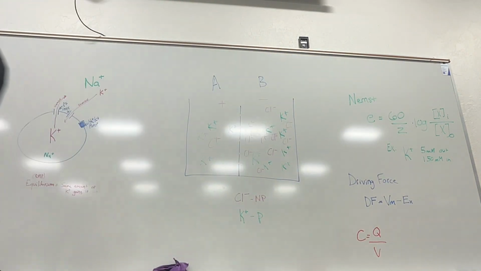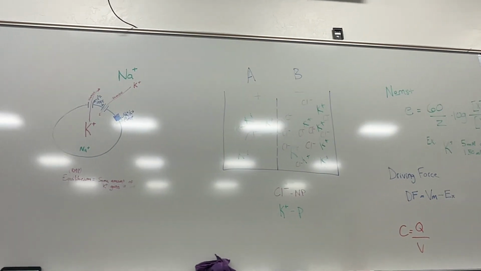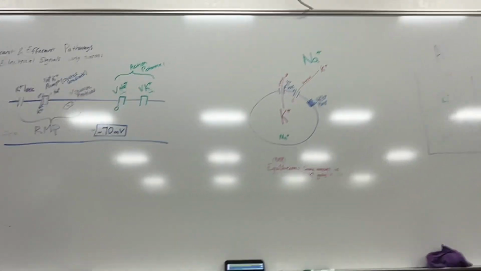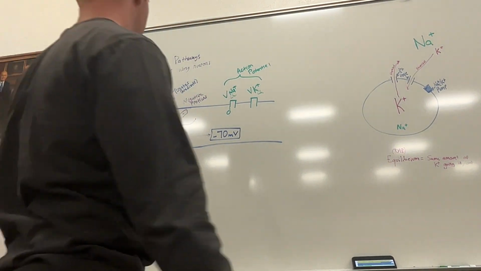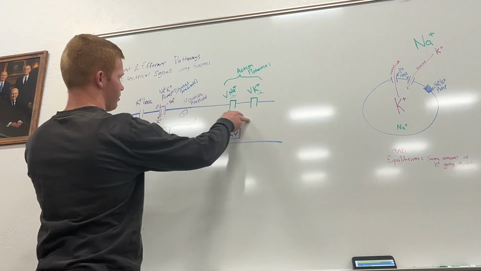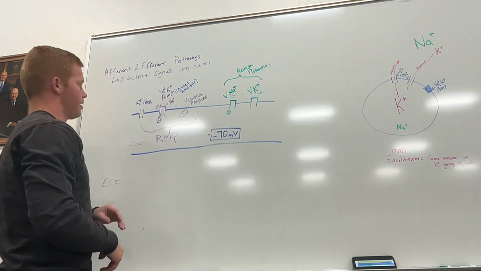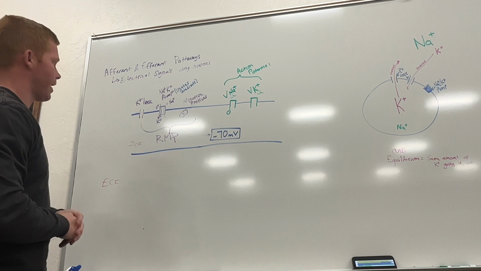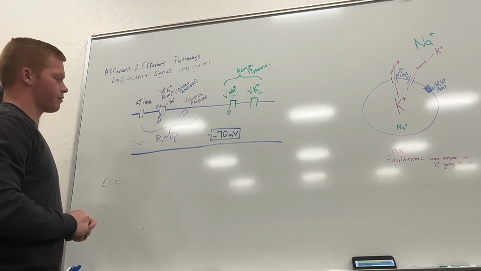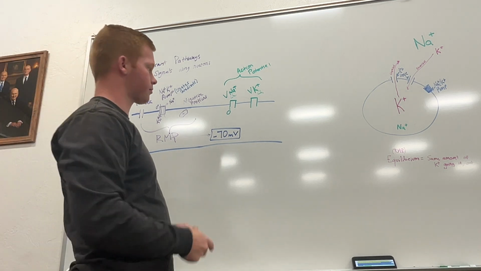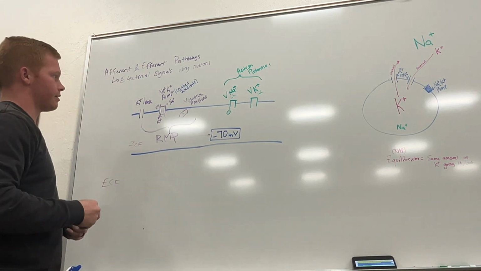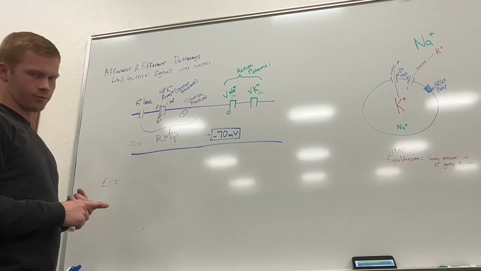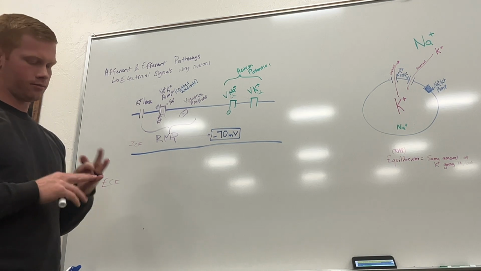So let's move over here. Okay. So this is inside of our cell. This is the outside of the cell. This is our membrane. And we know that for resting membrane potential, it's at -70. And the things that contribute to that -70, there's 3 of them.